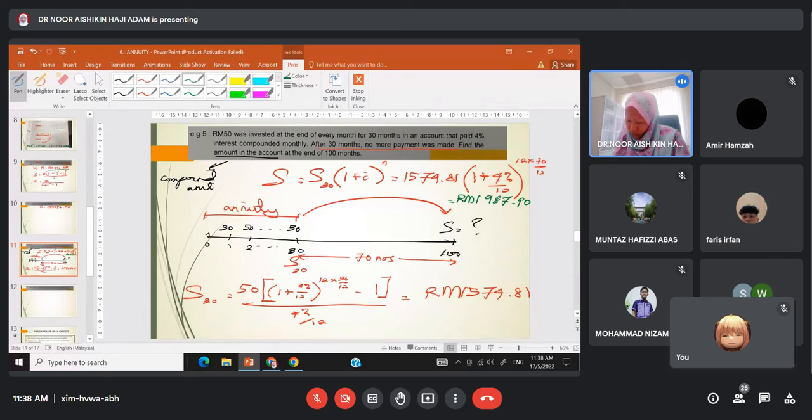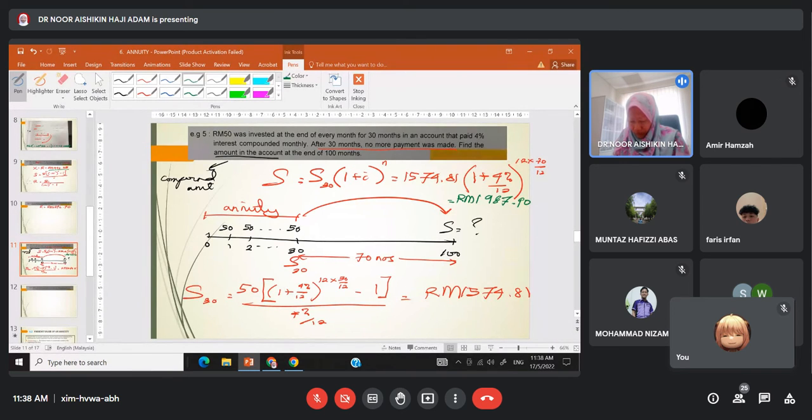1 plus 0.04 over 12 to the power of 30. Is the 30 I did right? Power of 30, yes. So I get 1.104987 and so on, minus 1. And then I divide by bracket 0.04 divided by 12 close bracket, and I multiply with 50.